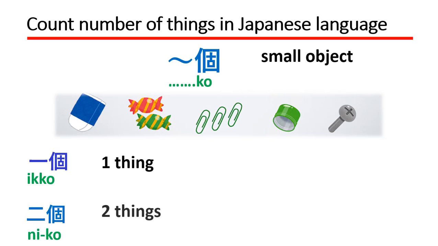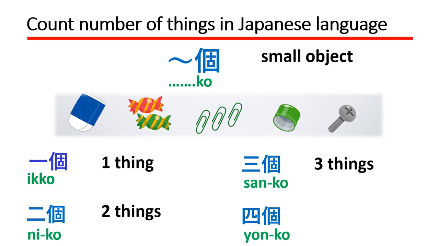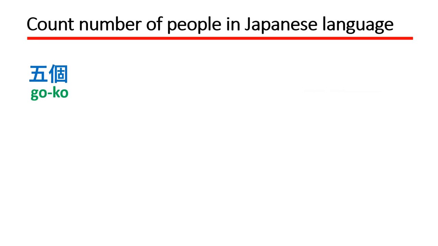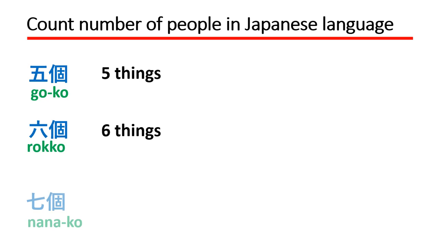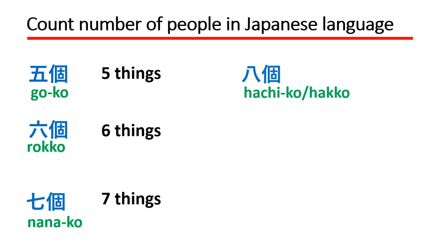Nikko, two things. Sanko, three things. Yonko, four things. Goko, five things. Rokko, six things. Nanako, seven things.